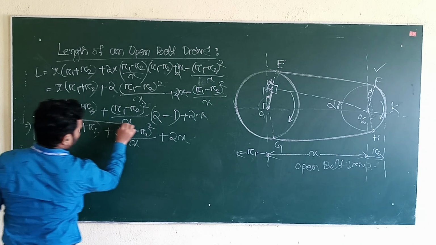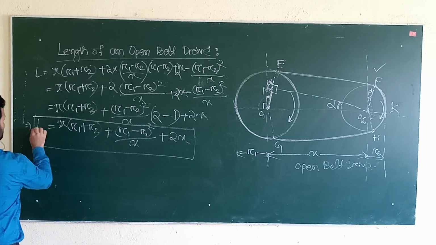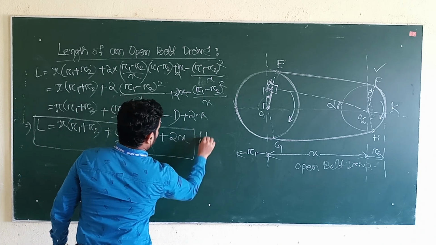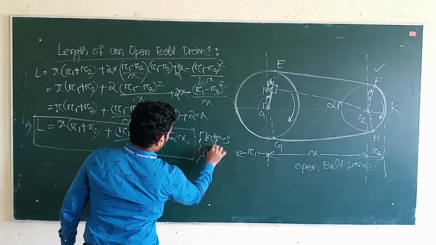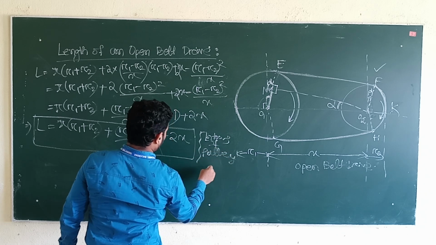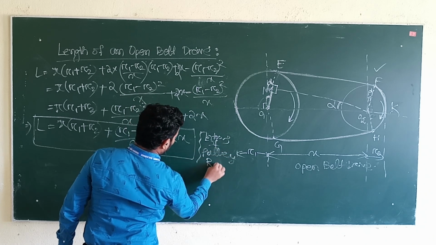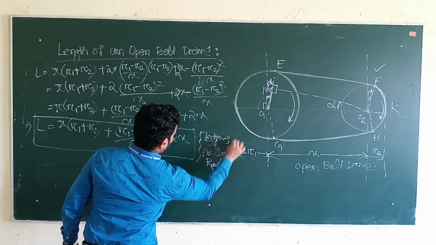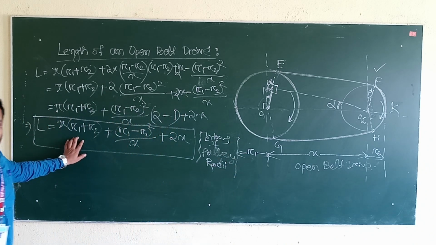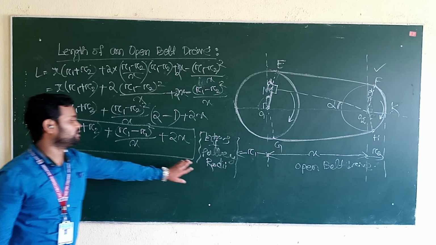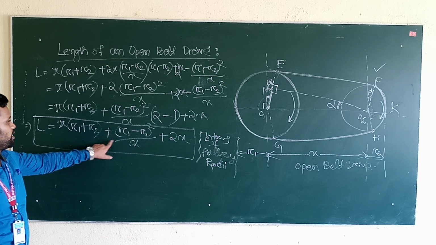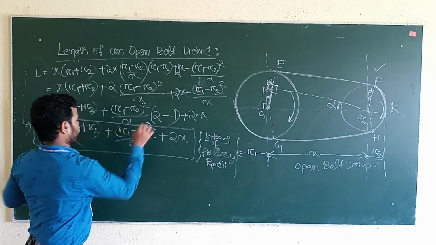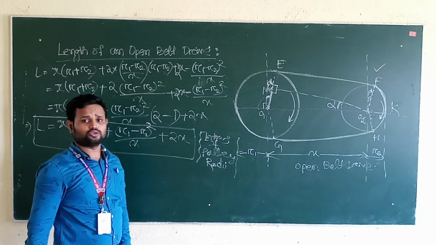So make a box and write here in terms of pulley radius, popularly the plural form is radii. So this is the formula for length of an open belt drive in case of pulley radii. L equal to pi R1 plus R2 plus R1 minus R2 square divided by x plus 2x.